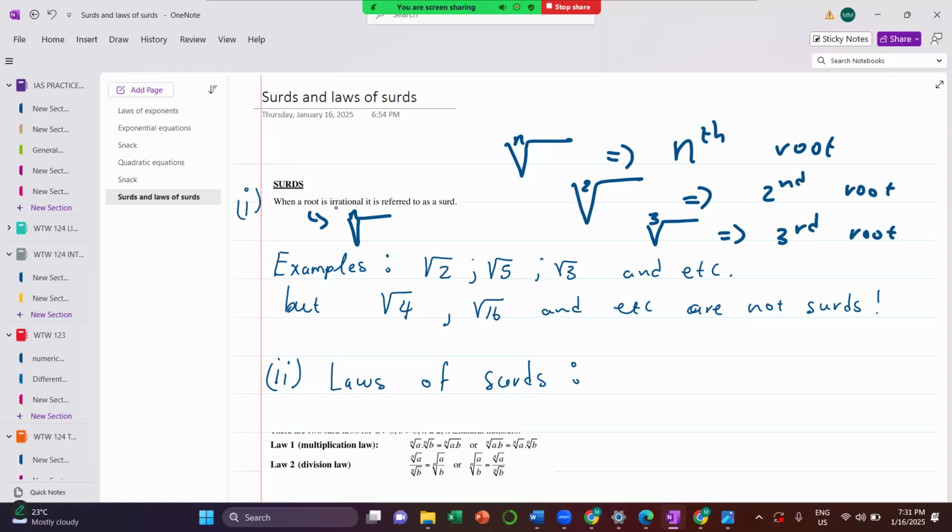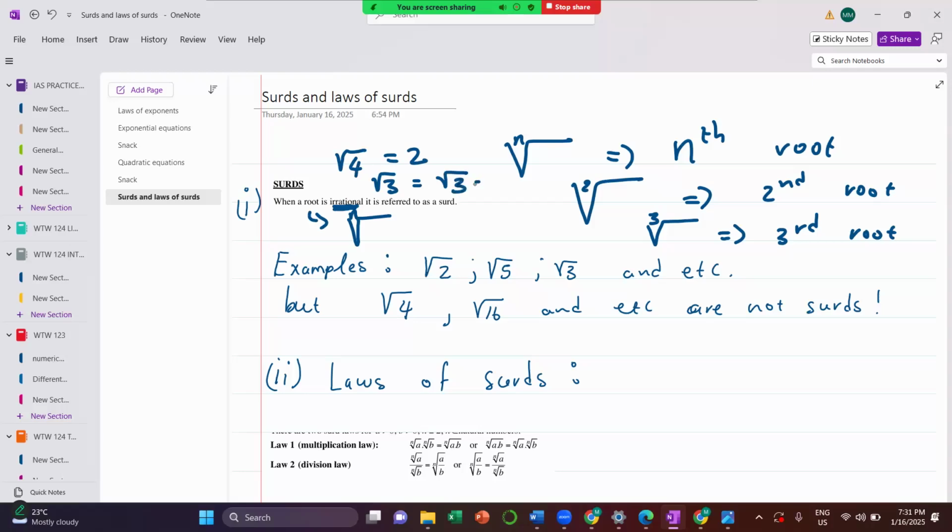When the root is irrational, by irrational we mean, look at something like this. If I have a root of 4, I know I'm going to get 2, right? But if I have a root of 3, it's always going to be a root of 3.